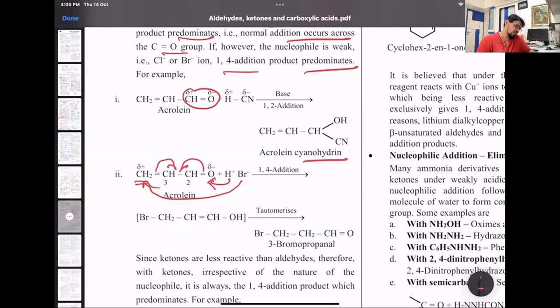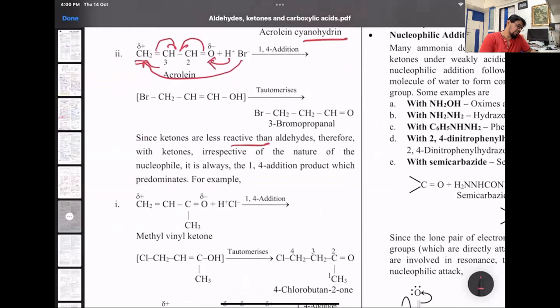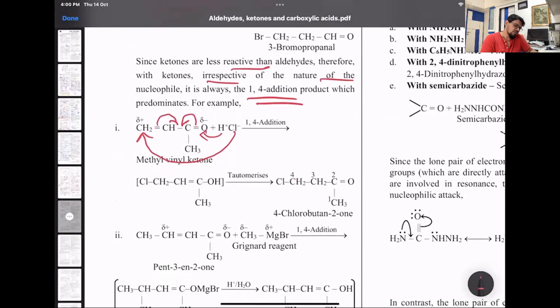As ketones are less reactive, therefore with ketones, irrespective of the nature, you always have 1,4 addition because they are weak. So look at that, methyl vinyl ketone. In a similar manner, this double bond moves here, this one double bond moves here. So here the double bond will come, H will go on O, and the Cl goes on this carbon, which on tautomerism gives you 4-chlorobutanone.